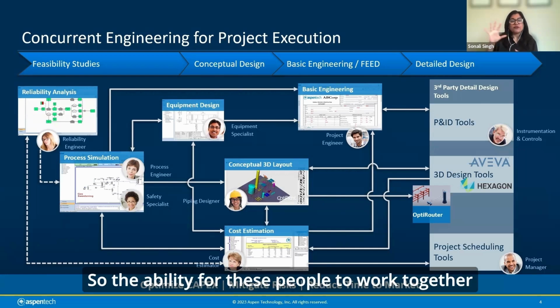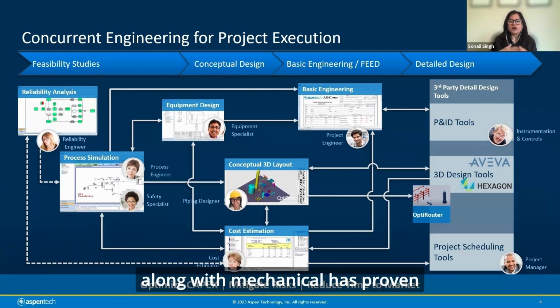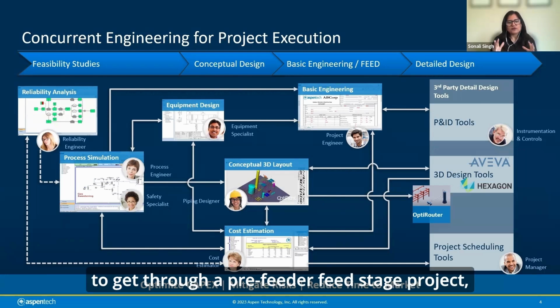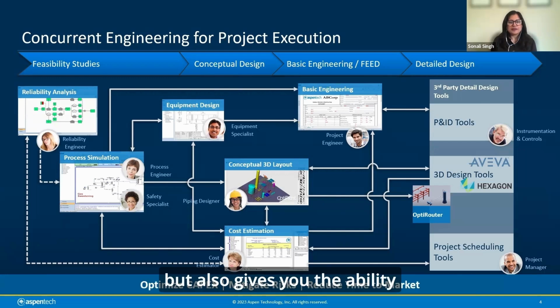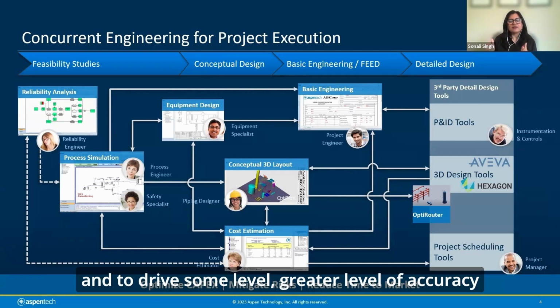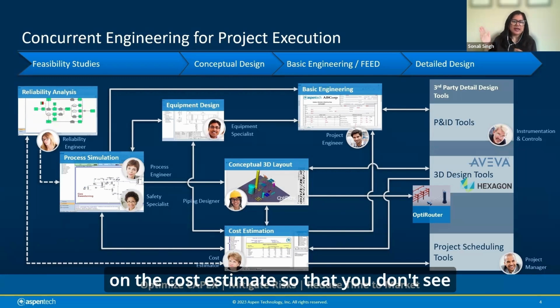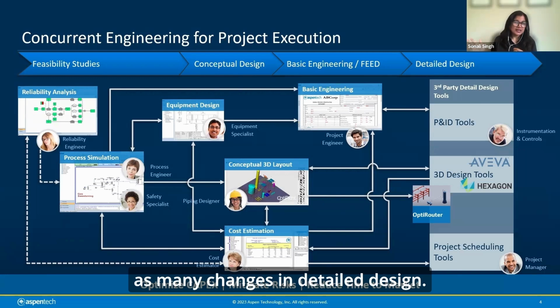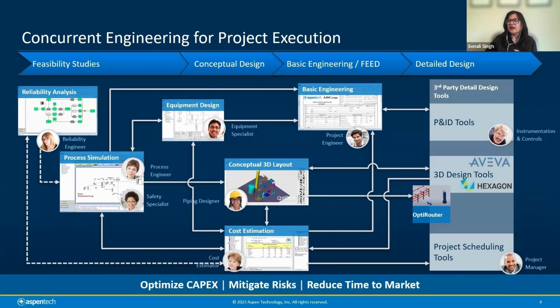The ability for these people to work together along with mechanical has proven to be one of the fastest ways to get through a pre-feed or feed stage project, but it also gives you the ability to come up with better designs, more options, and greater accuracy on the cost estimate so that you don't see as many changes in detailed design.